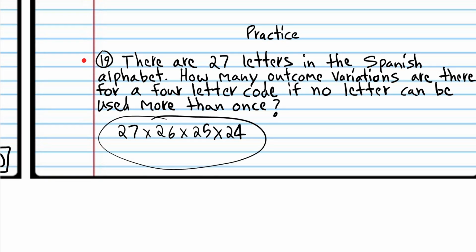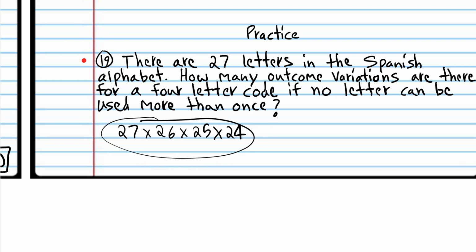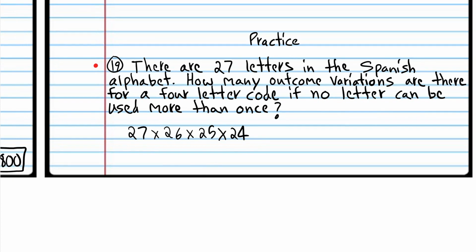Now, there's 2 ways to do this. One way is you could just enter it into the calculator as you see here. But I want you to get used to these calculations on your TI-84 or whatever calculator you're using.